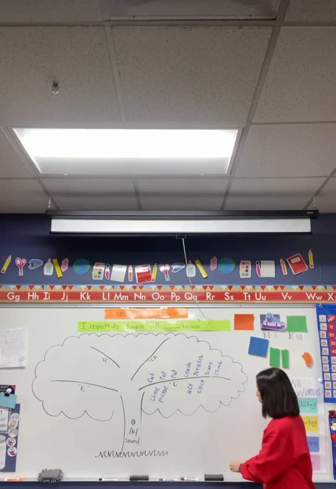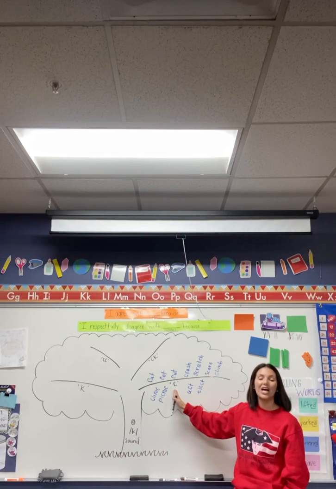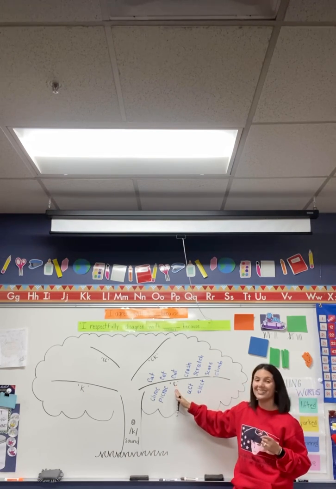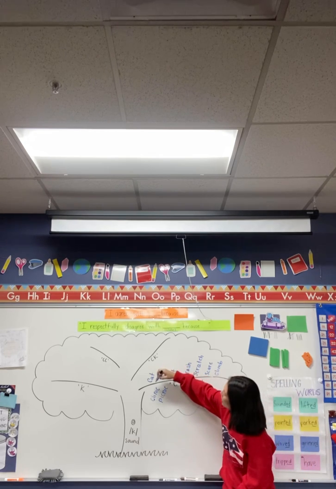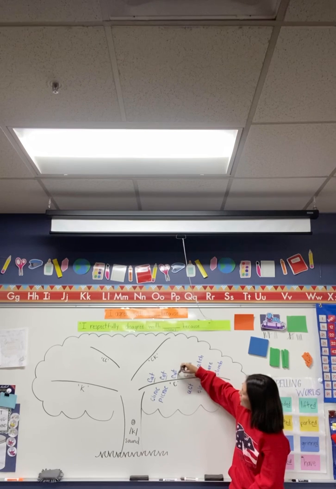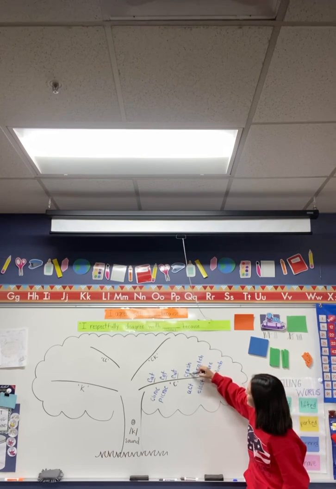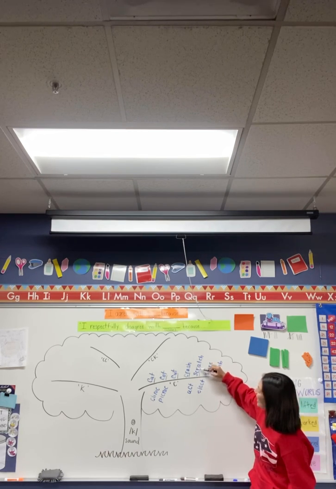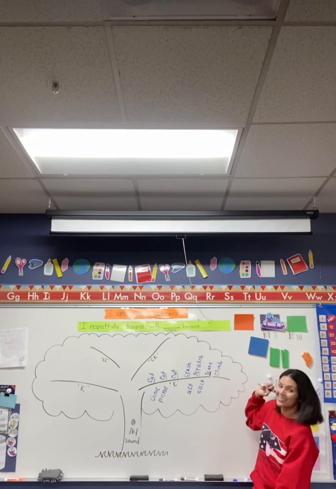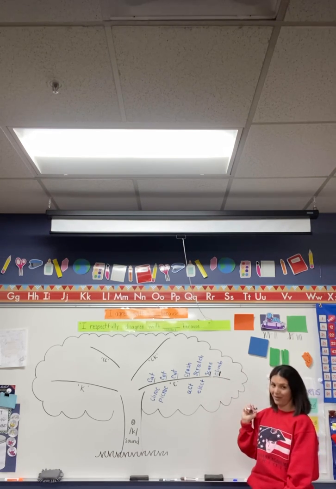Okay? So we use the spelling of the sound k with a C when the words start with CA, CO, CU, or the consonant clusters of CR, SCR, SC, and CL, okay?